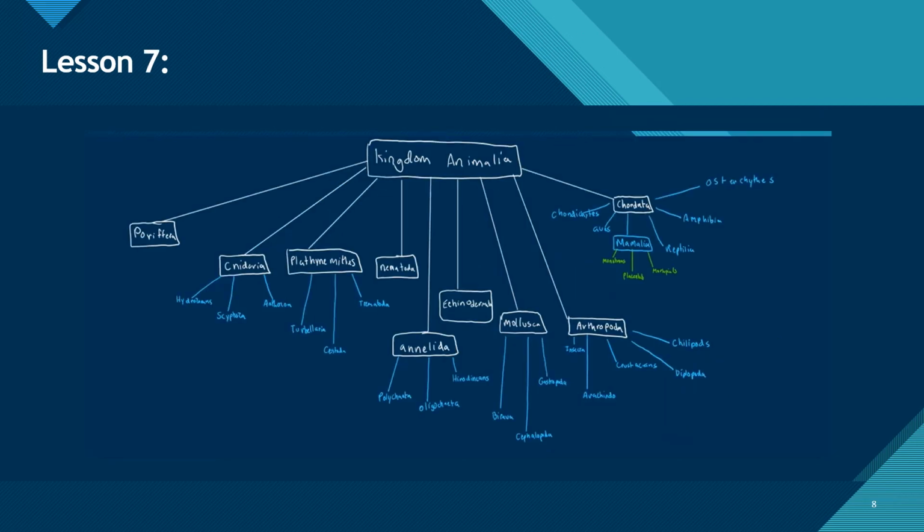And then the last one is kingdom Animalia, which has a lot of different types of phylum and a lot of different types of classes, but essentially these are the different types of phylum that you would have to know. If you wanted a little bit more detail on each of the phylum, you could go back to the video and watch that. We also went into some examples, like roundworms, segmented worms, and flatworms.